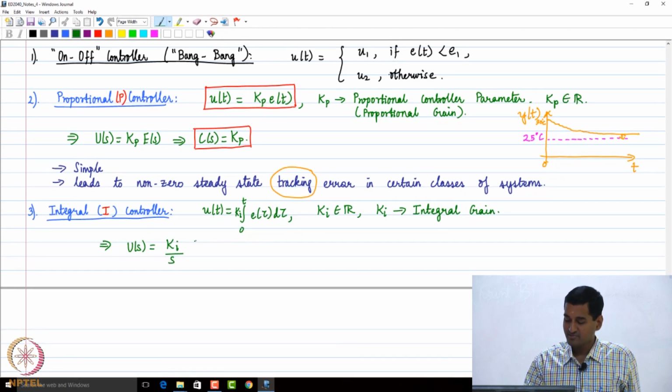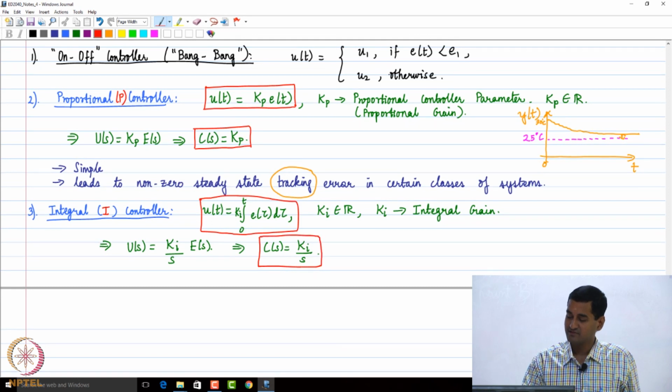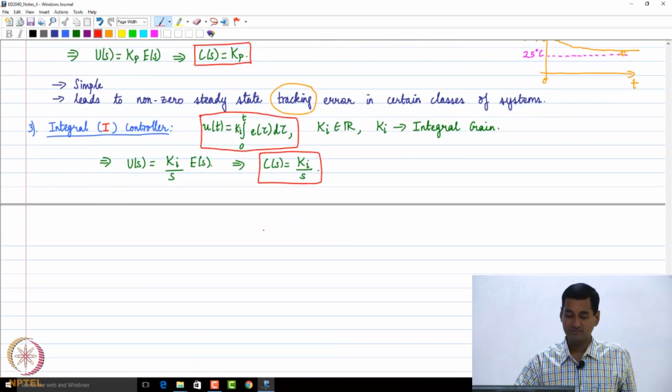So this becomes U(s) equals Ki by s times E(s). So this tells me that C(s) is going to be equal to Ki by s. Okay, so this is the structure in the time domain for this particular controller, and this is the transfer function of this particular controller, the integral controller.